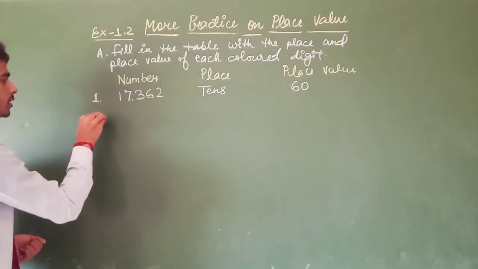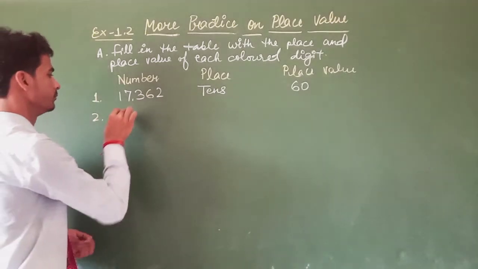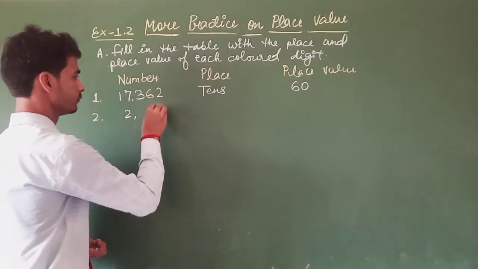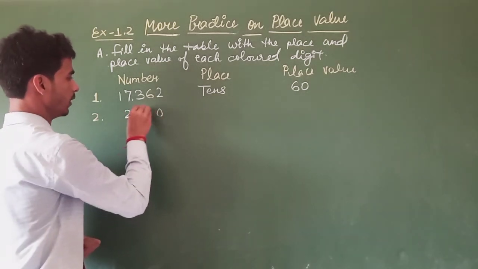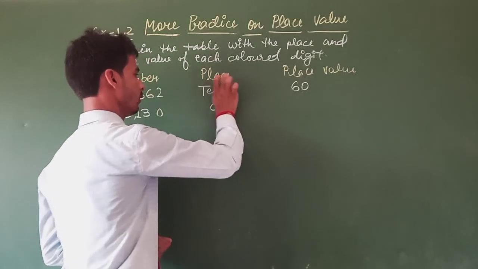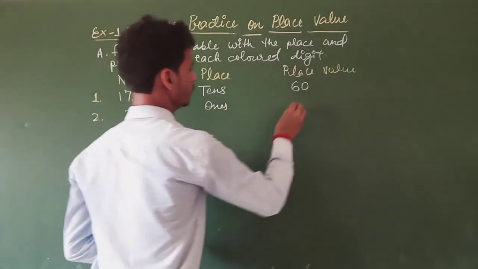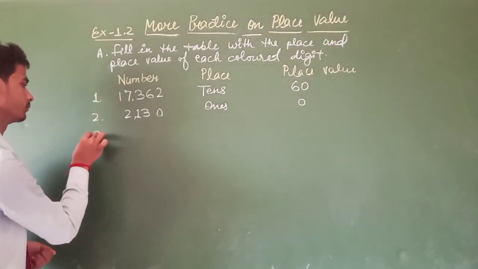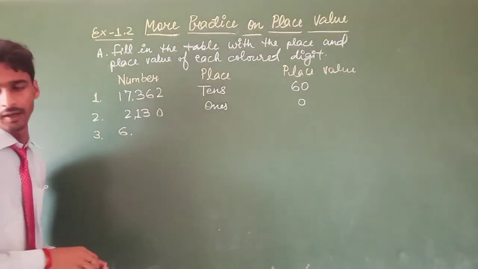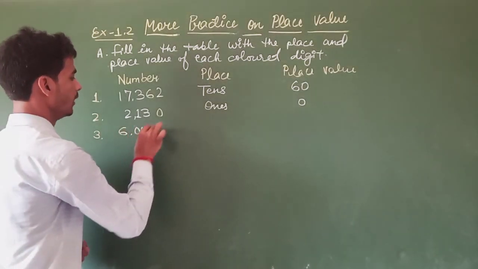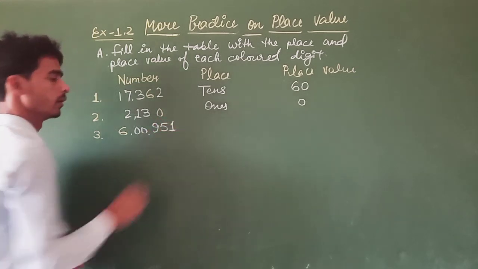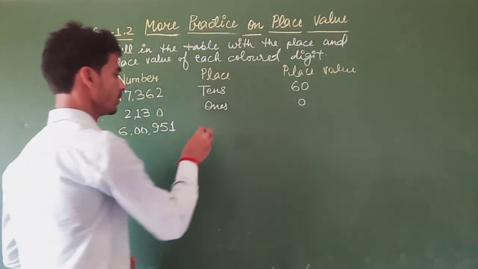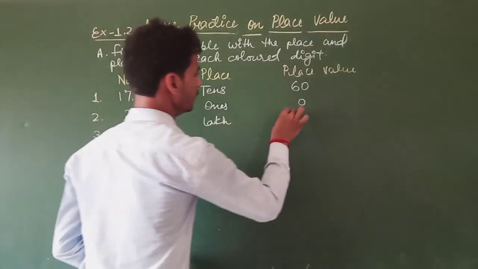The next question is 6 lakh 951. The place of 6 is lakh and the place value is 6 lakh.